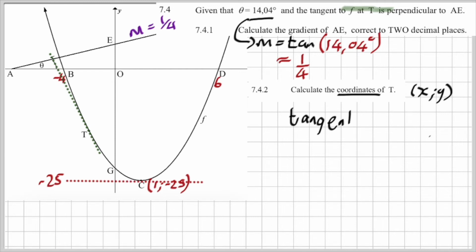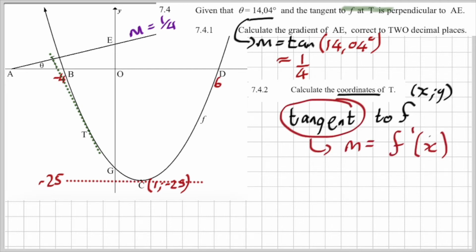So the moment I read tangent, I know that the gradient has to work with derivatives. You've got to get that. Tangent leads me to derivatives. Why? Because the gradient of the tangent at a point is the first order derivative.